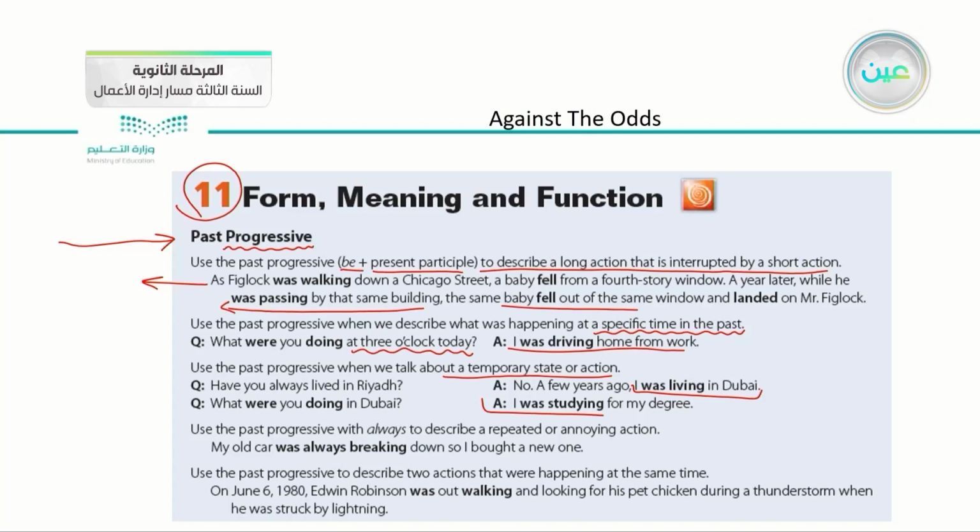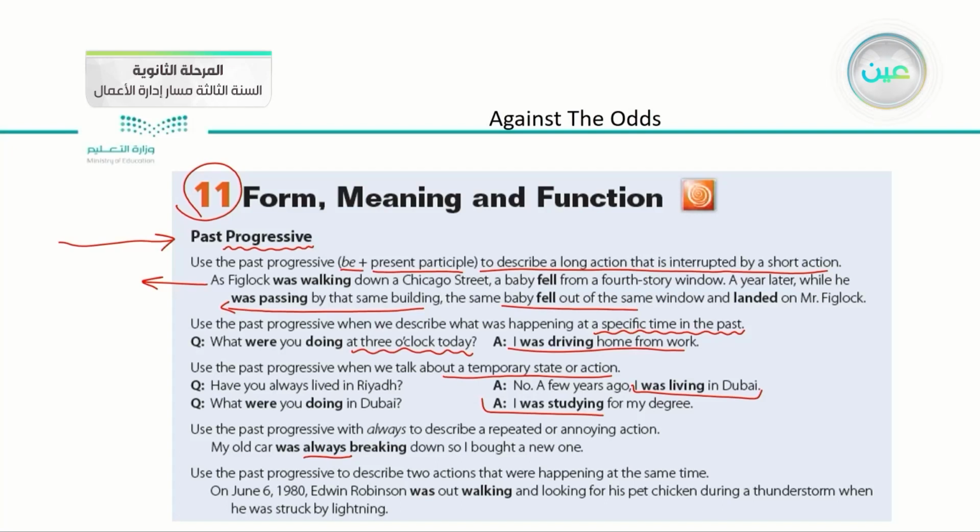Here, she is complaining about her car, or he is complaining about his car, by using the word always to show annoyance at the situation. The word always is suggested to be used. My old car was always breaking down, so I bought a new one.